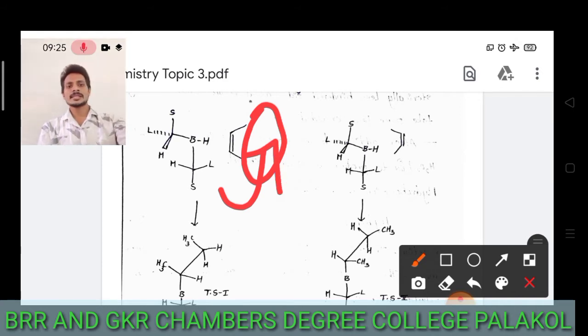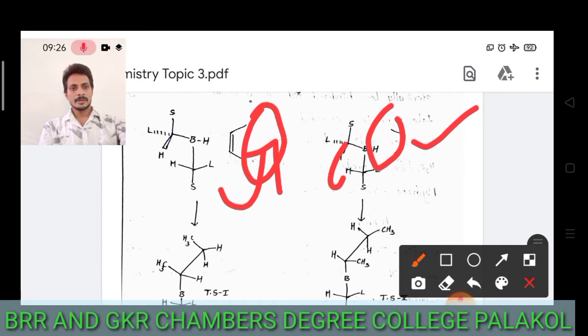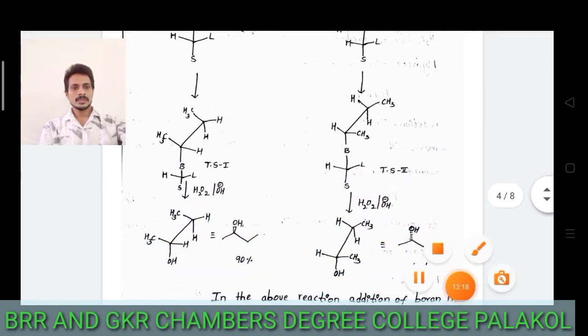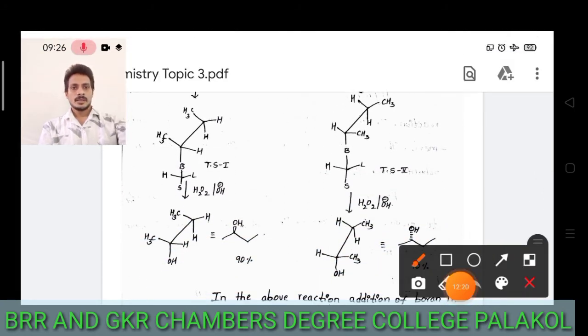That means this transition state has higher energy when compared to this one. Observe that the two methyl groups and the medium group are present in the same plane, and the large group and hydrogen atoms are present in the same plane. Now we observe the transition states.